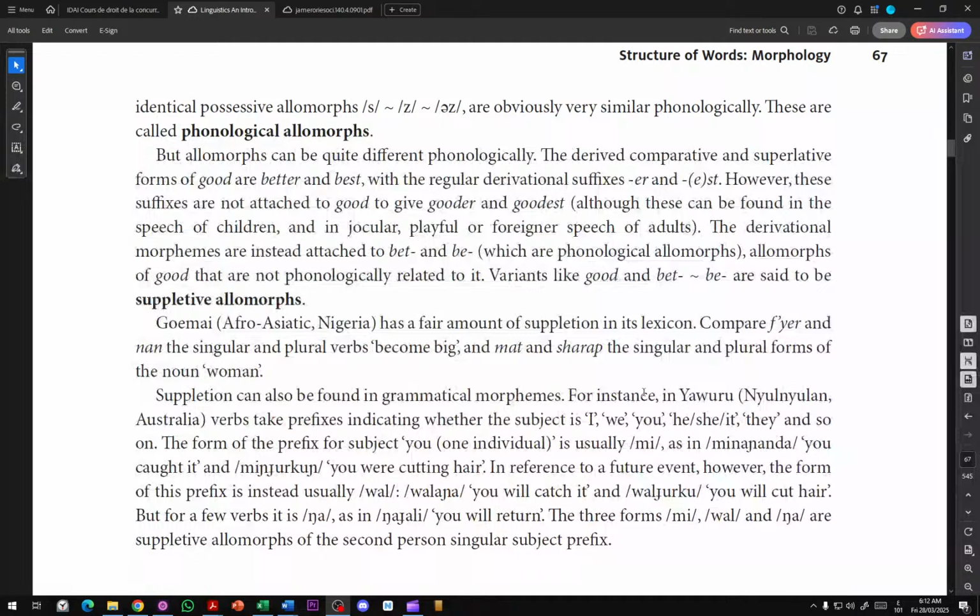Suppletion can also be found in grammatical morphemes.